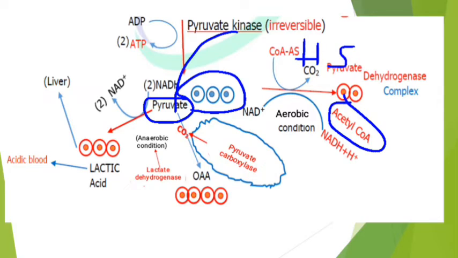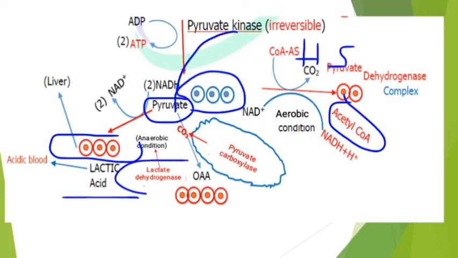Alright, so guys, next, under anaerobic condition, mostly seen in athletics, the pyruvate is being channeled into a 3-carbon molecule, lactic acid, catalyzed by an enzyme, lactate dehydrogenase. You can see this is step 10.